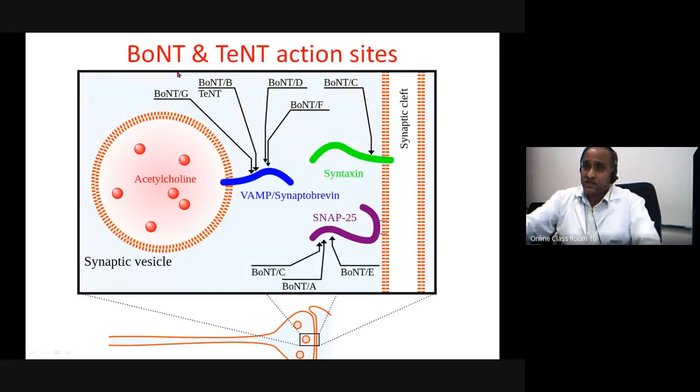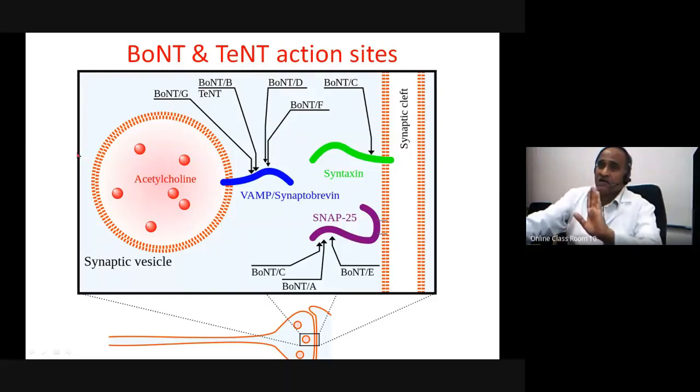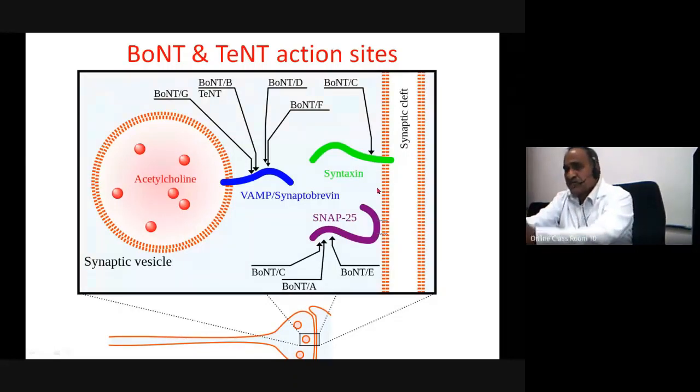So now what happens? If you are looking at BONT, there are a number of forms of the BONT. BONT-G, BONT-B, BONT-D, BONT-F, all of these inhibit synaptobrevin. This blue one is the synaptobrevin. So now they inhibit, they will not allow it to activate. That means they will not allow this synaptic vesicle to reach the site and get released.